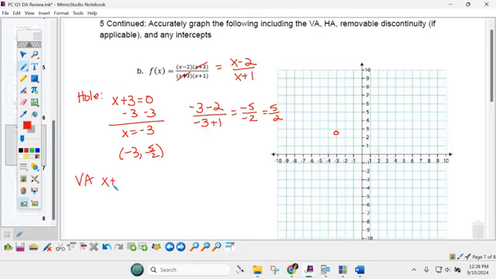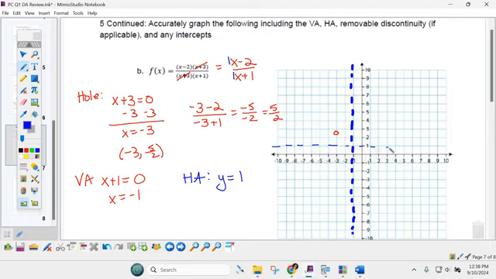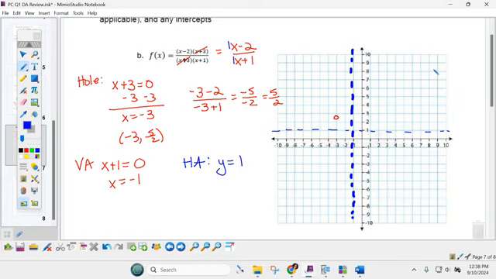The vertical asymptote is when the denominator equals 0. This time I'm going to put it in the right spot. Horizontal asymptote, we're going to compare the numerator and denominator. The degrees are the same, so we divide these leading coefficients. X-intercept is when you set the equation equal to 0. The y-intercept is when you input 0.